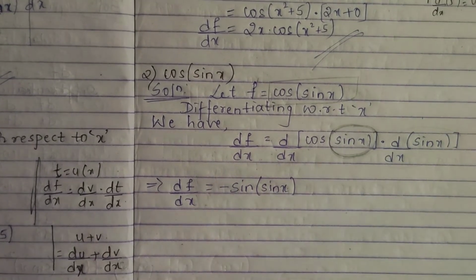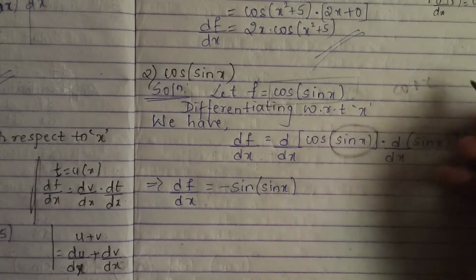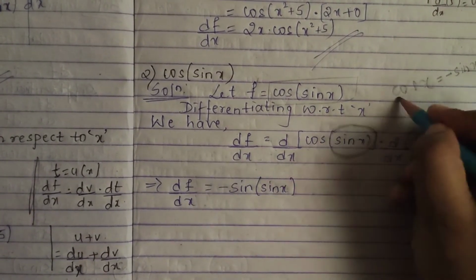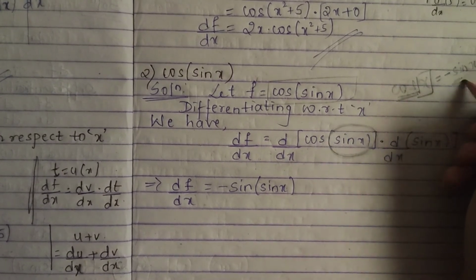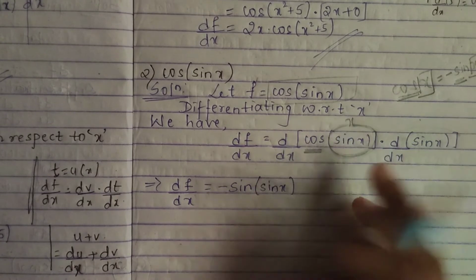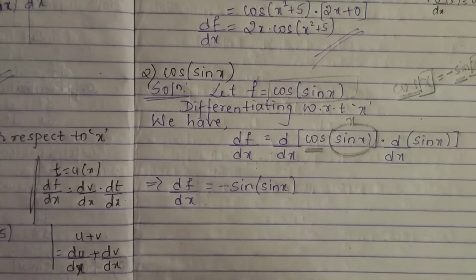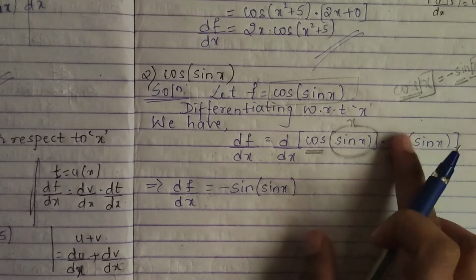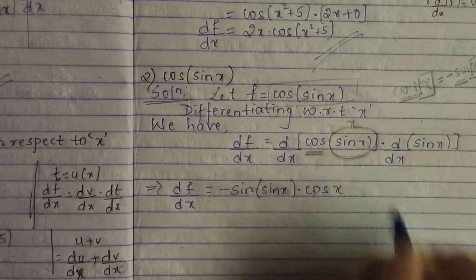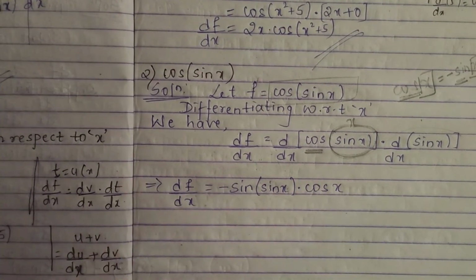Like differentiation of cos x is minus sin x, here this cos, and this whole term will be x. So remember the differentiation properly. And again the interior differentiation: differentiation of sin x is cos x.